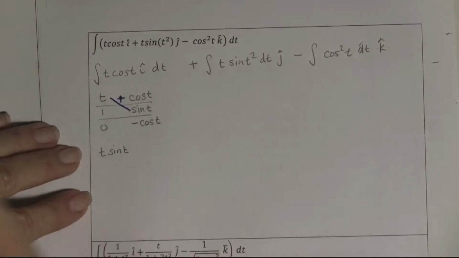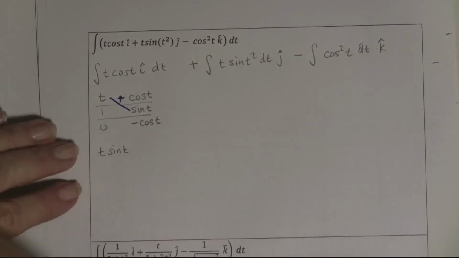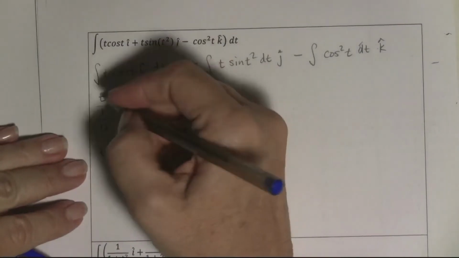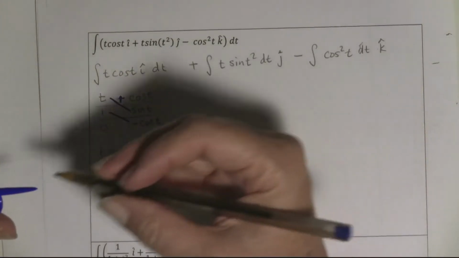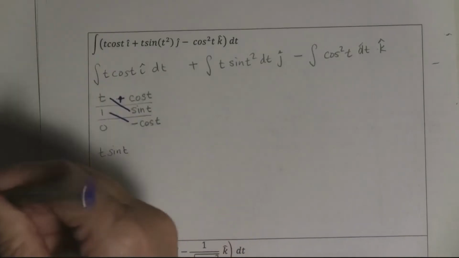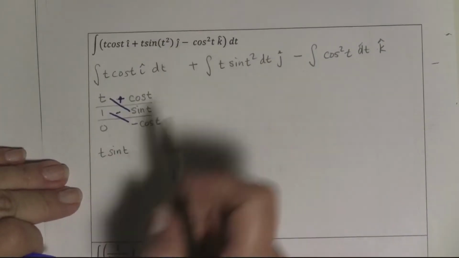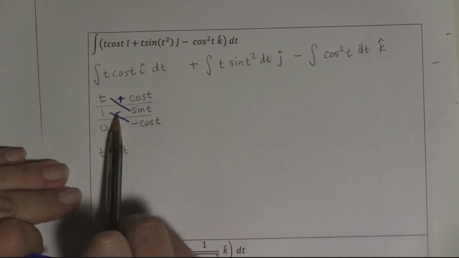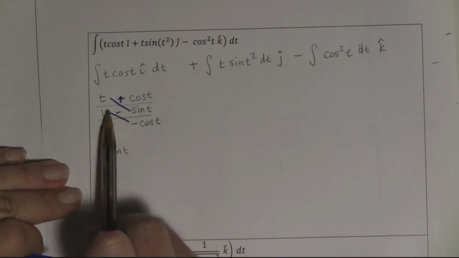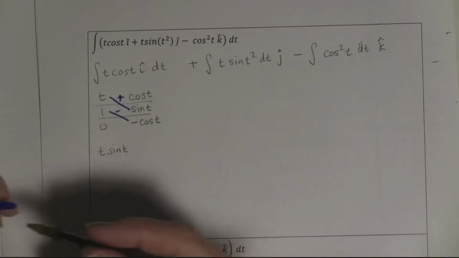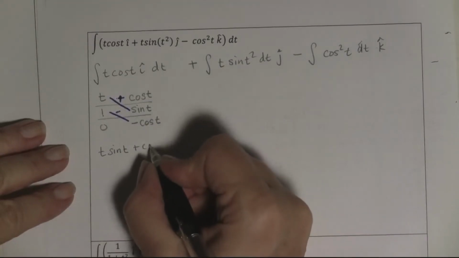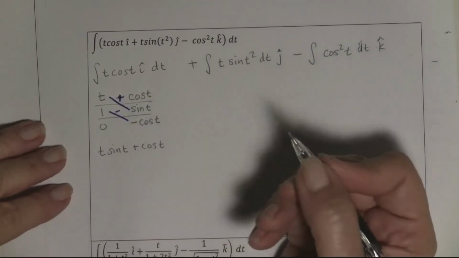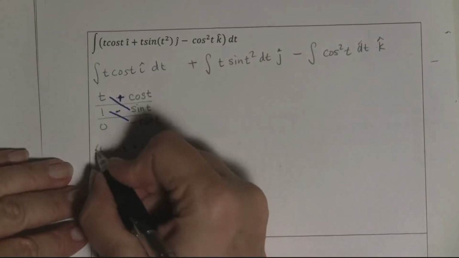And then the next one, I'm doing it in purple, but my purple is not much different than my blue, so it's hard to see, but that one is minus. So I get 1 times negative times the negative here, so that's a positive cosine of t. So plus cosine of t. And that is my i component.